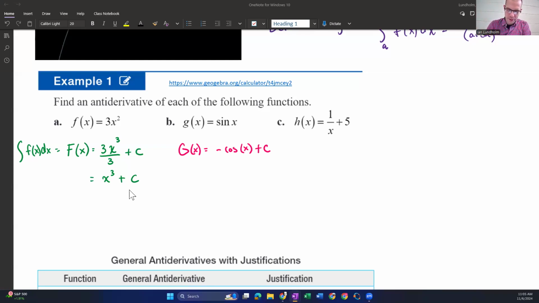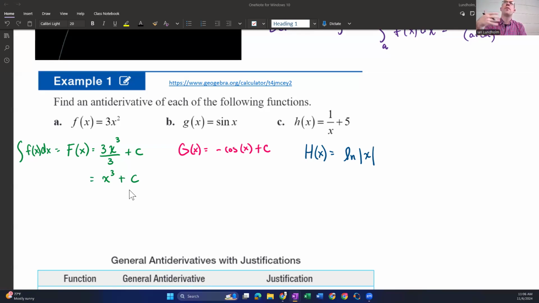One more example, if we get a big h of x, 1 over x is the result of taking the derivative of the natural log of x. So going back to the natural log, I'll write things like this. Notice that I'm putting absolute value signs around that x. Natural log has that property that we only want to put positive values into that.